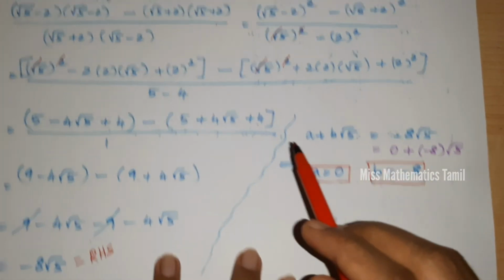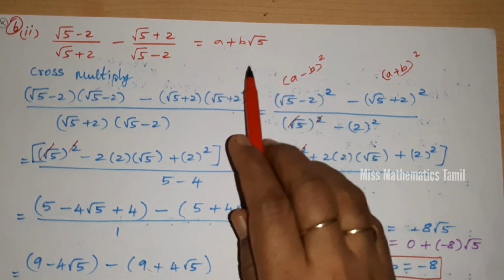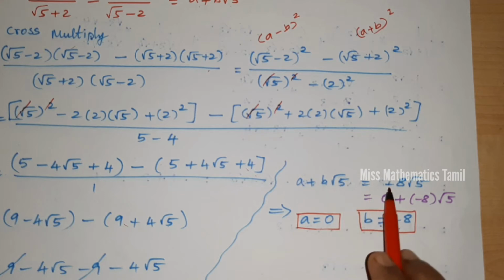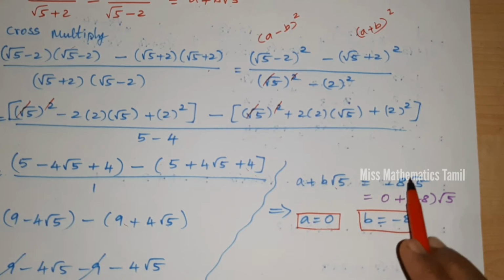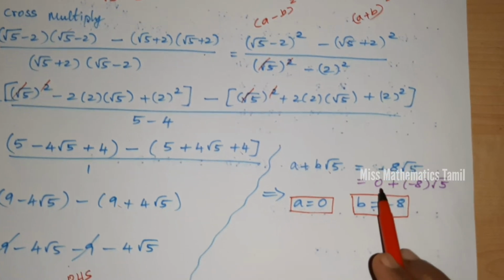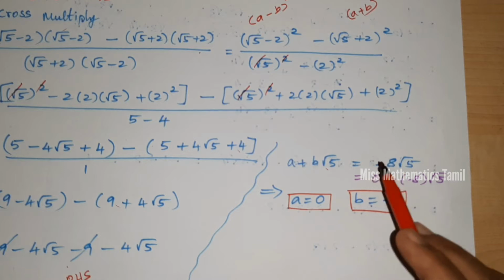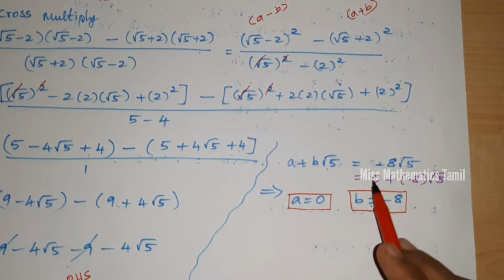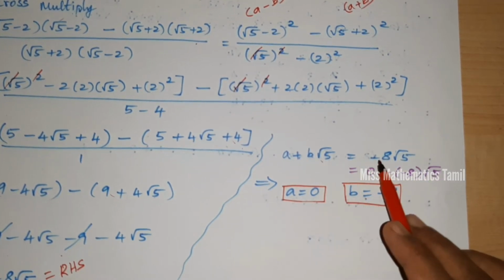What is the RHS for the given sum? A plus B root 5. Right, now I am comparing both results. A plus B root 5 equals minus 8 root 5. What is that here? Here the A term is not there, so instead of the A term I am using 0, plus what is the B?